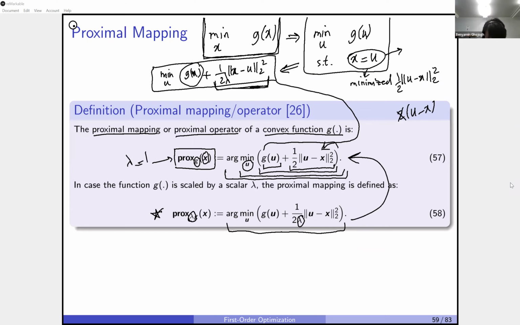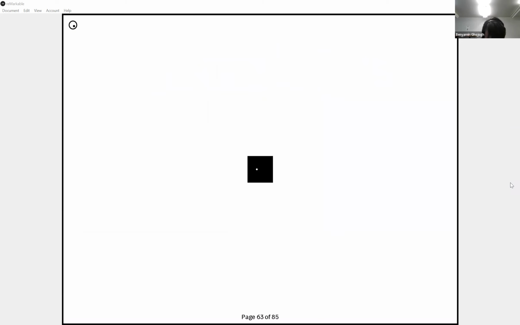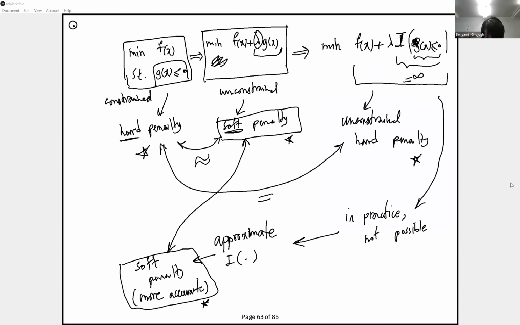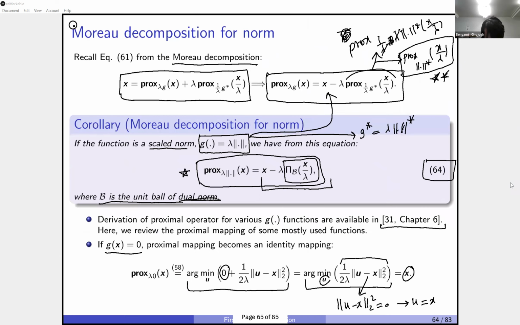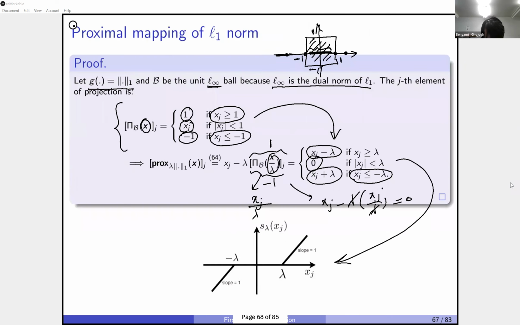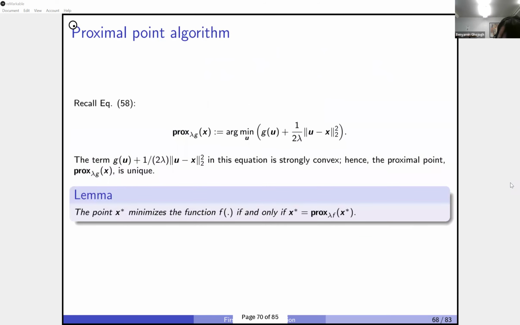Okay, let me come back to where we were. Recall equation 58. I have repeated it here.